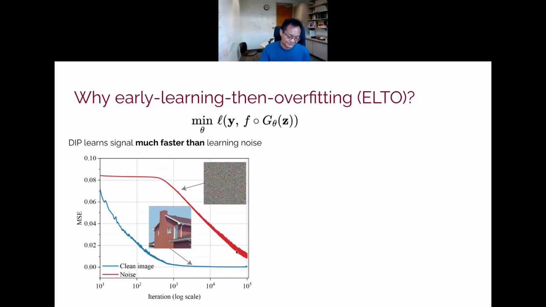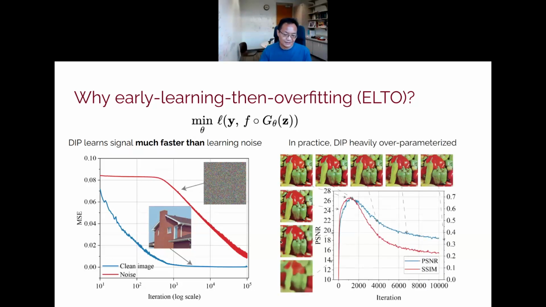This is an empirical observation. What does this imply? If you have noise and a clean image together, it is going to pick up the clean content first, and that explains this part. It picks up the clean part first because initially it mostly learns nothing about noise.